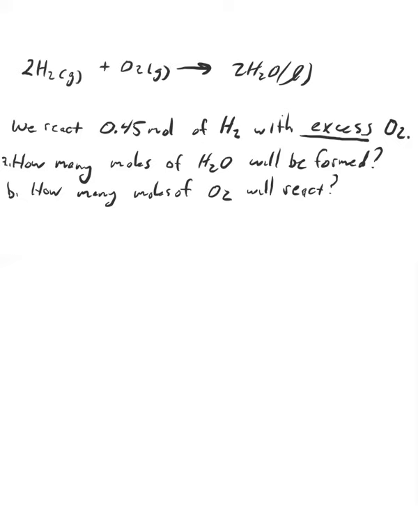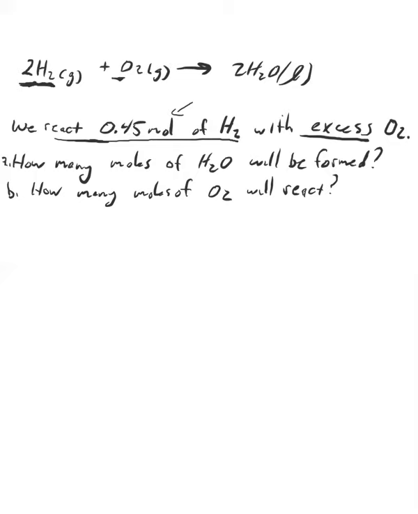So notice what's given. We're given the amount of H2 that reacts. And notice the units. These are the units you will often see, the number of moles of H2. Okay, now here's the logic that you have to follow to do these problems. The equation tells us that every time 2 moles of H2 reacts, 1 mole of O2 will react.